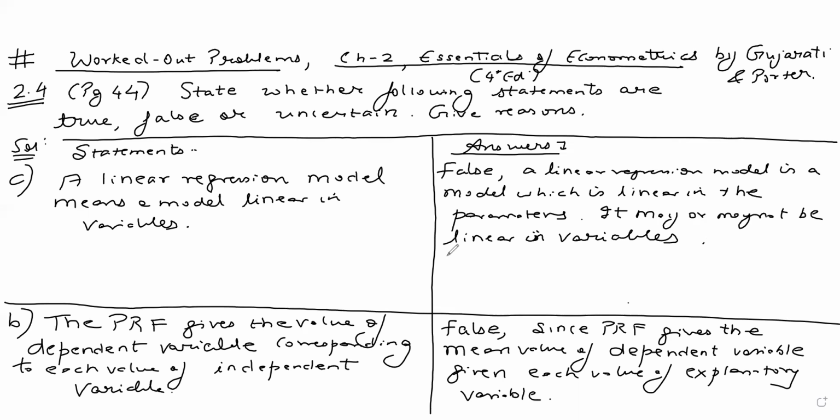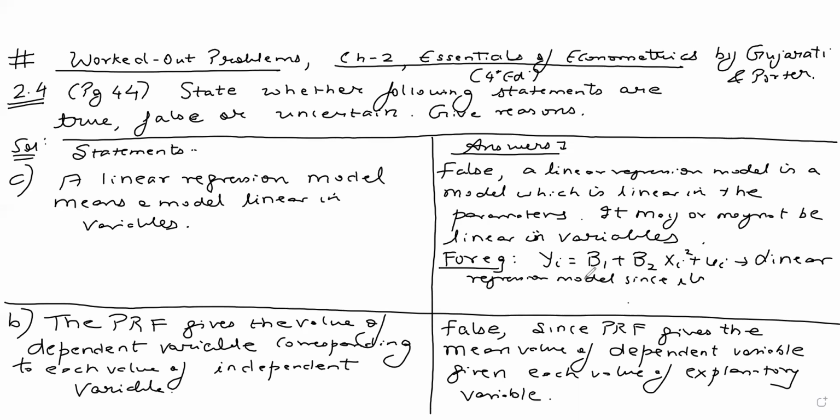What are the parameters? So for example, just for revision, if I talk about this model, it is a linear regression model since it's linear in the parameters B1 and B2.